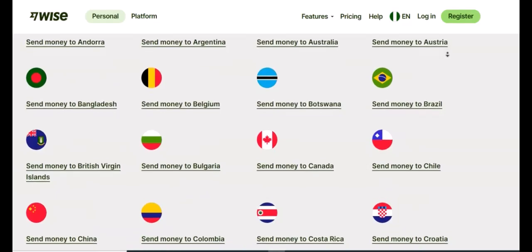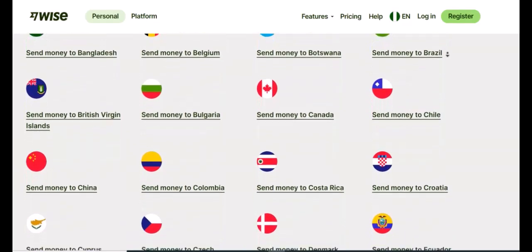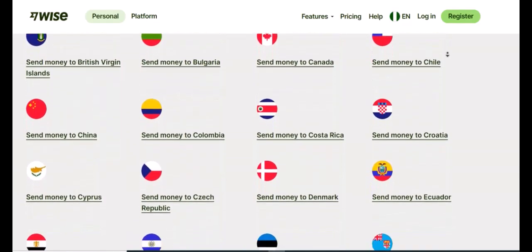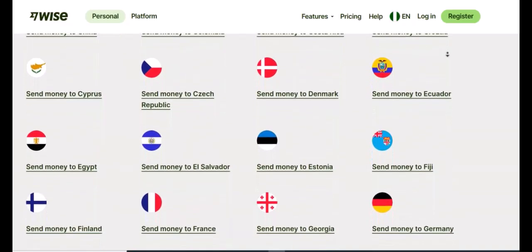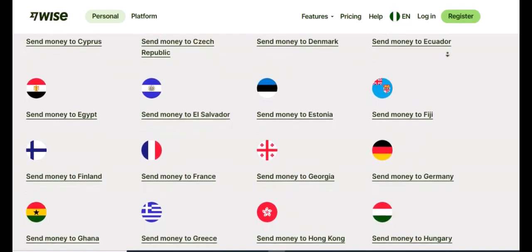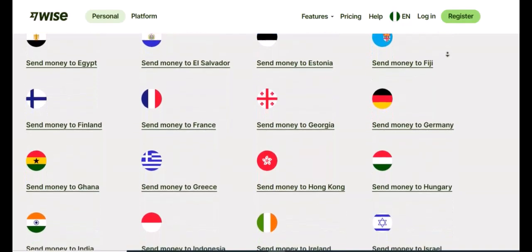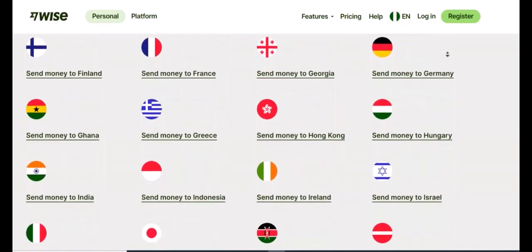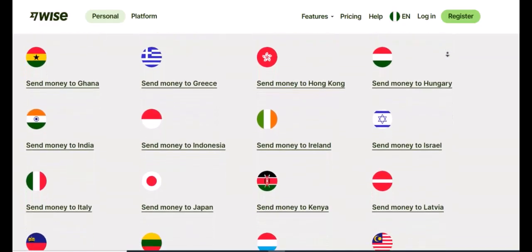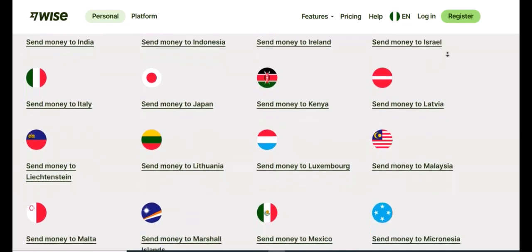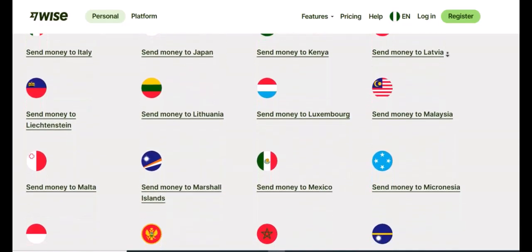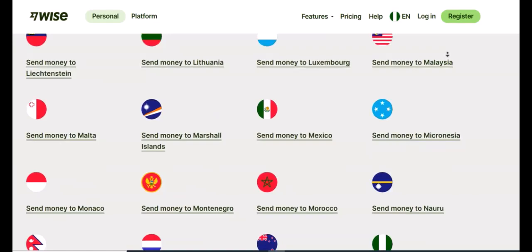Two: setting up recurring payments, direct debits, and standing orders. This is where Wise offers some direct bill payment functionality, but with regional limitations. Direct debits: Wise supports direct debits for certain currencies and regions, such as GBP, British pounds, Euro, AUD, Australian dollars, CAD, Canadian dollars, and USD, US dollars.